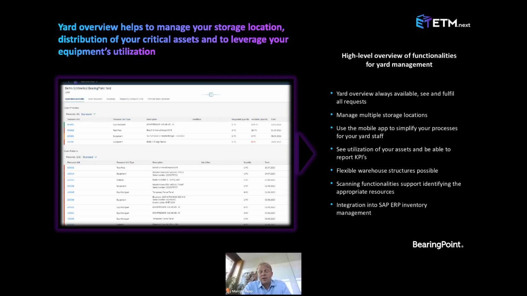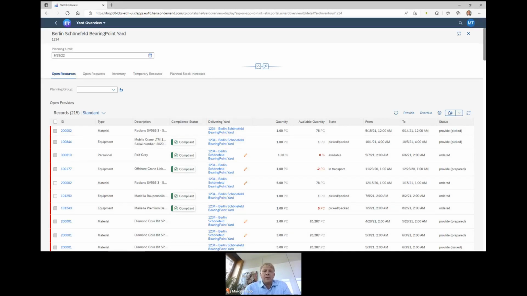The mobile app of ETM.next, which will also be part of another webinar, will support many of those services here. I already explained this flexible warehouse structure that we have, and also some other functionalities that can be used applying the mobile app.